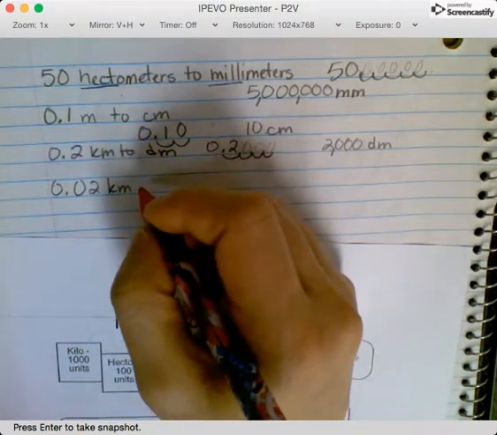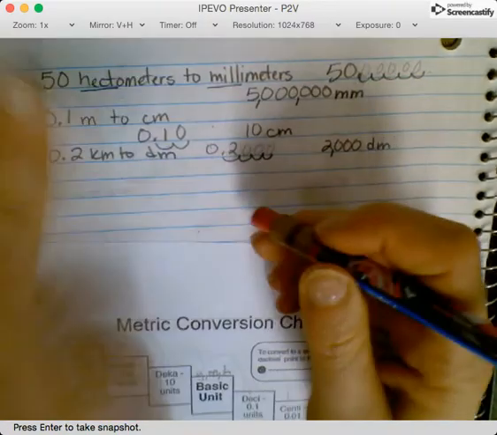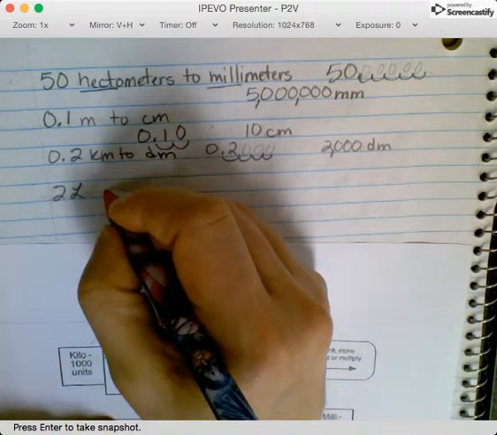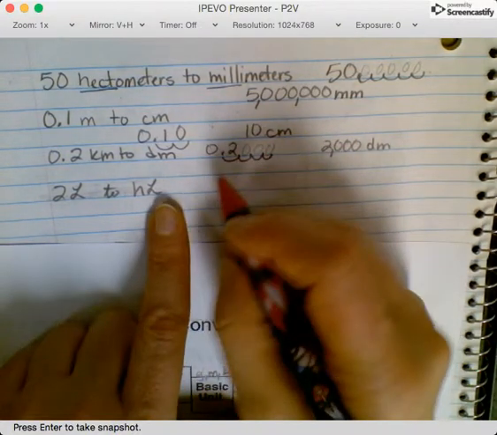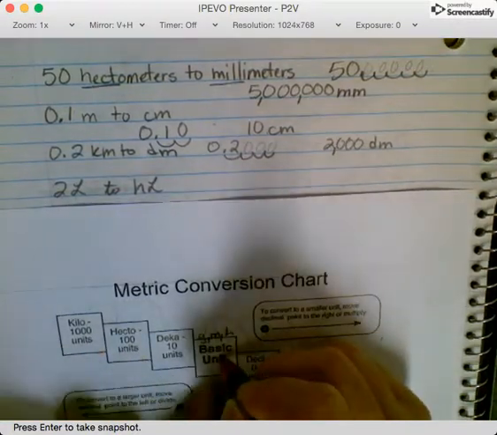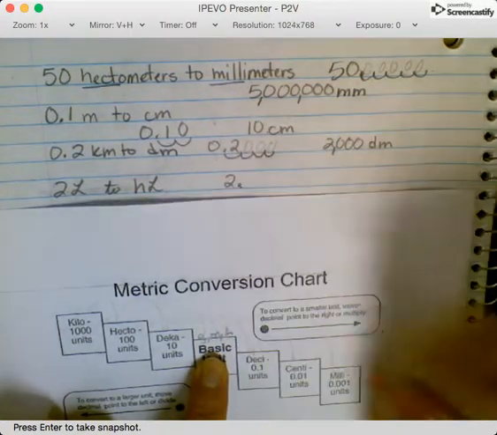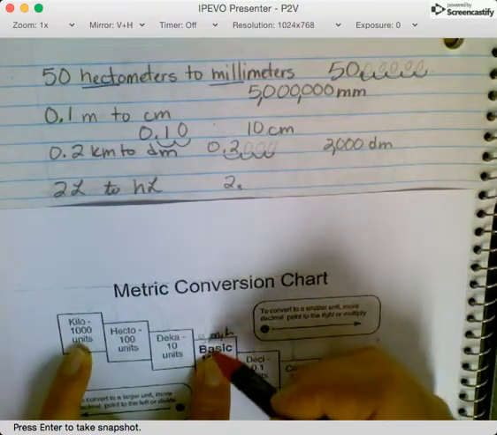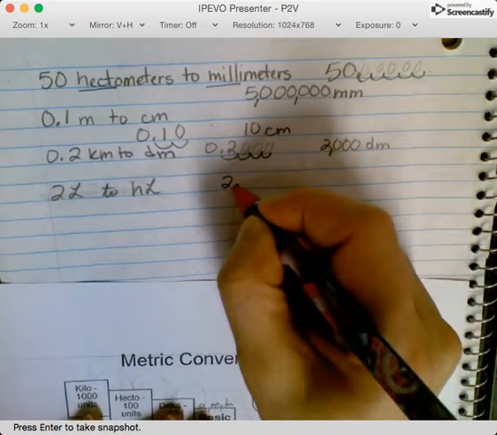Now let's do liters. 2 hectoliters. This is my base unit, the L. My imaginary decimal is right there. So I go from my L to my kilo: 1, 2, 3, and I'm going to the left, so my decimal goes to the left.